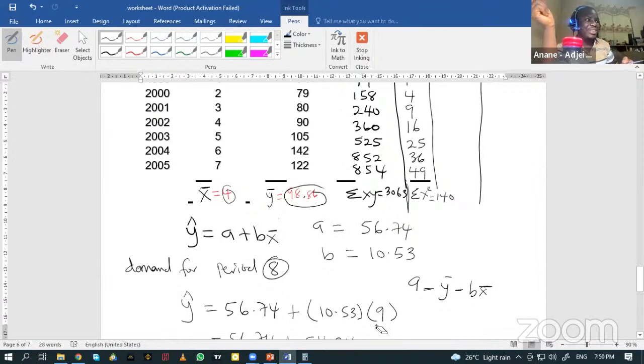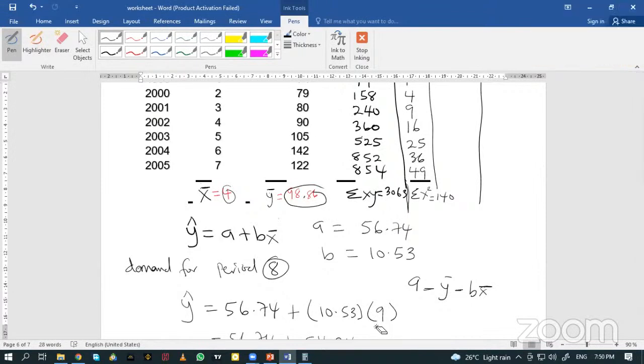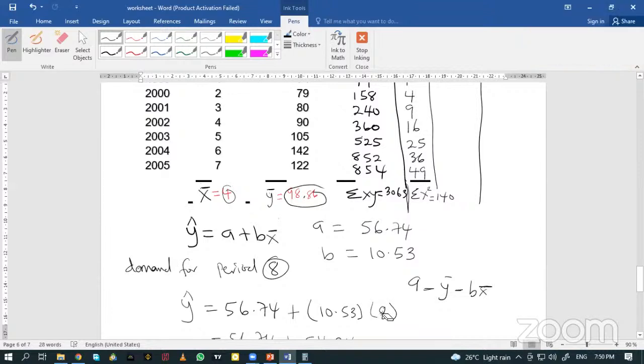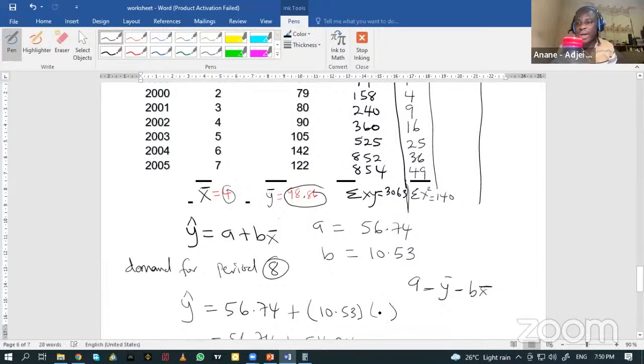If you have to calculate period 8, you just substitute 8 here. If period 9, you substitute 9. Even if it is period 12, which is the 12th month, you just put 12 there and you get your answer.